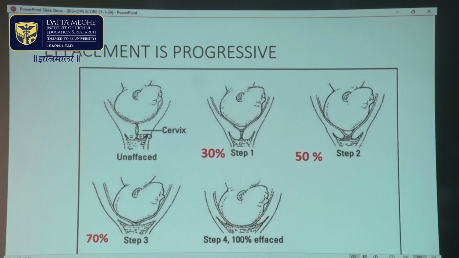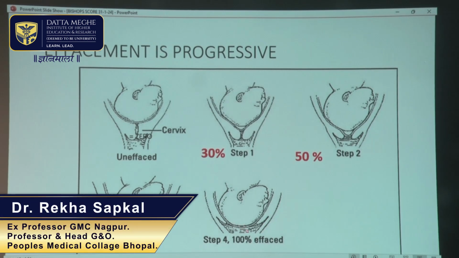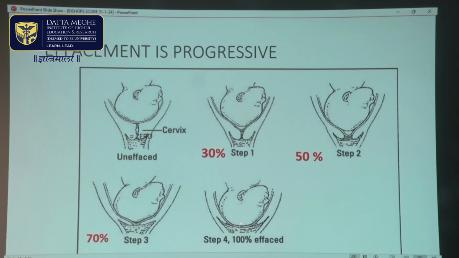Internal os is not there at all. It is associated with dilatation of the cervix. So it is a 100% effaced cervix. This dilatation is effective only with the onset of true labor pains. To some extent there is dilatation of the cervix, a maximum of 2 to 3 centimeters, with the ripening of the cervix.